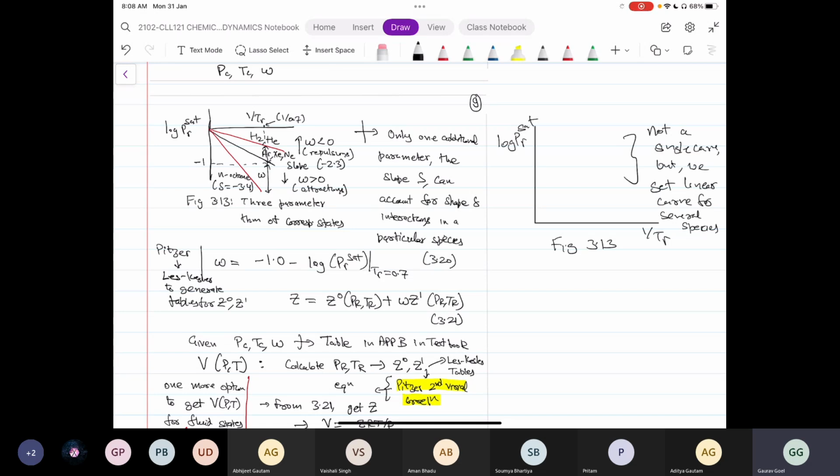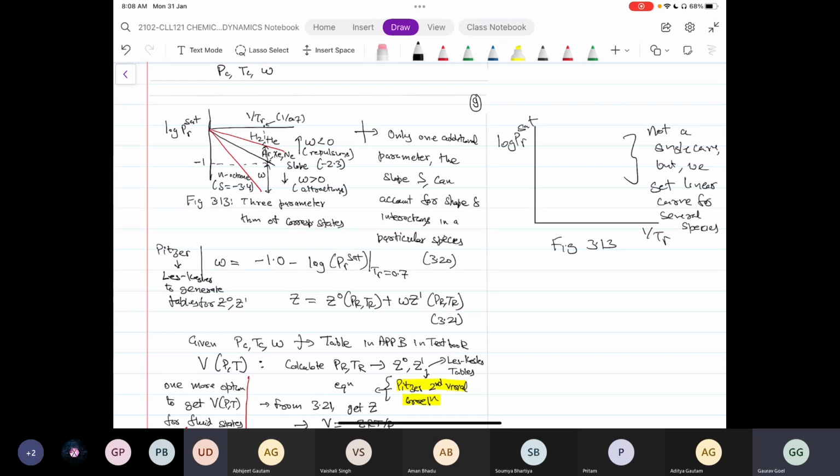Okay, and you can say there was some madness to the method in some sense, that at this particular point, for some variety of species, let's say your noble gases, at the special point of Tr equal to 0.7, the logarithm of Pr sat is coming out to be, as you can see, -1. So in that sense, that was the reason to choose that as your point.